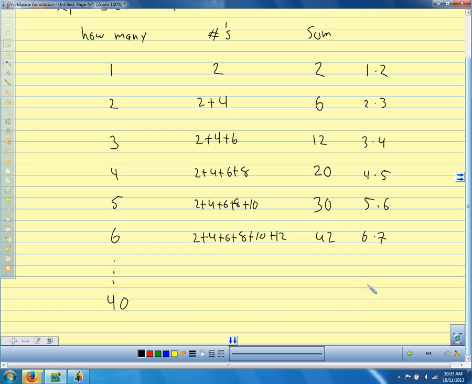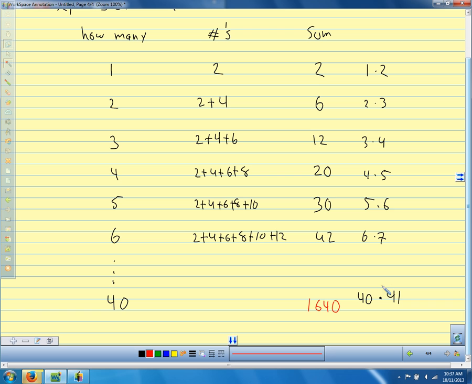We want to figure out our sum, so by our rule, it would be 40 times 41. And when I multiply that out, I get 1640.